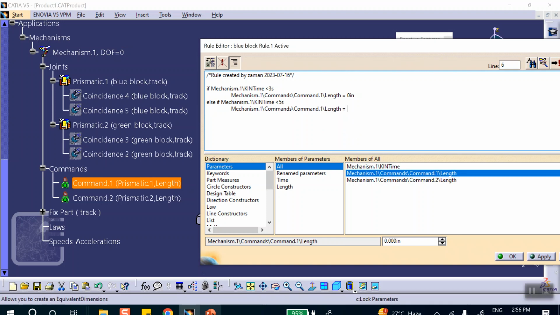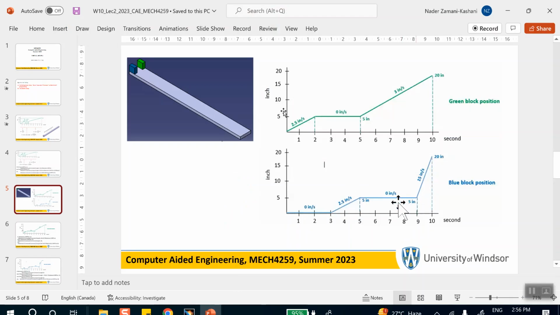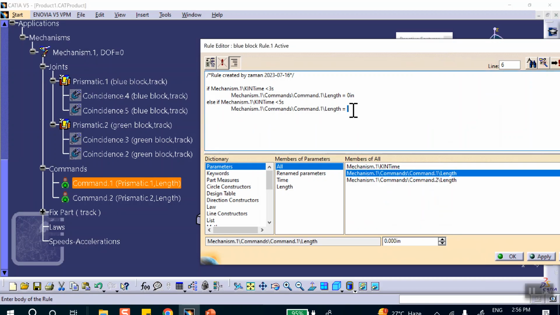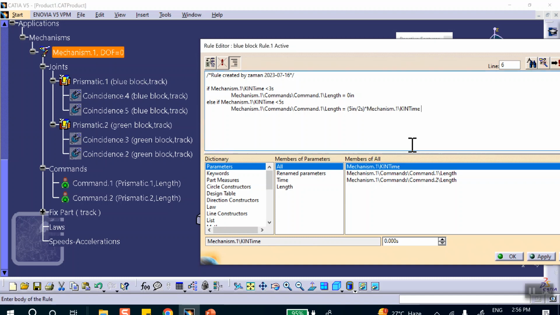Now, if you look at the speed here, it is 5 over 2 seconds or 2.5 inches per second. It's up to you how you want to type it. I'll write 5 over 2 so that I can see it. So 5 inches divided by 2 seconds times time.